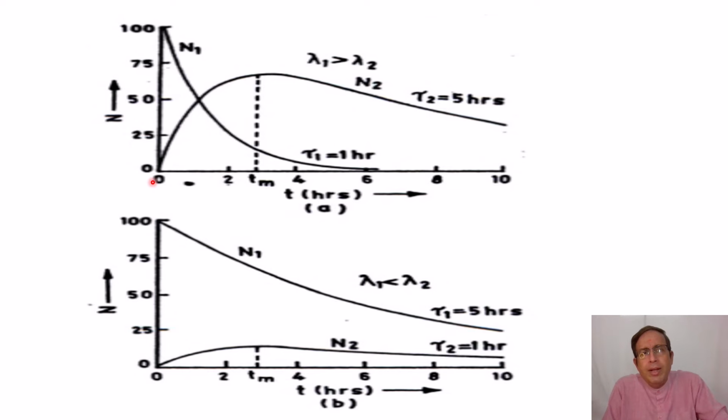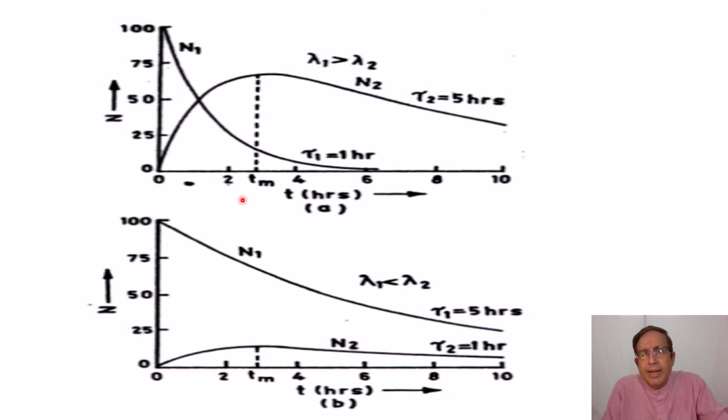So the daughter nucleus first grows, and then after reaching a maximum it starts decaying. In this case T1 was 1 hour and T2 was 5 hours, and you see the Tm, the maximum concentration that is reached, is given by the exercise that I have given you.